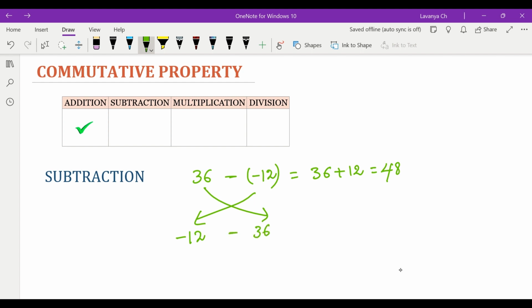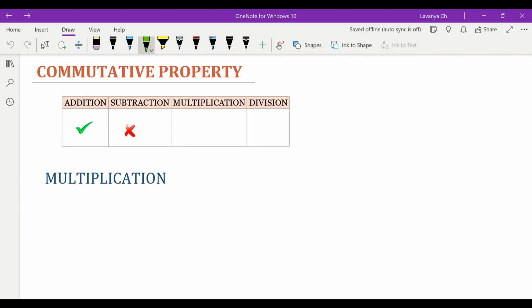We are going to do subtraction again. As both have negative signs, we will add them, but we'll keep the negative sign before this. So when we compare the results, here it is 48, but here it is negative 48, which means they are not the same. So subtraction of integers is not commutative.